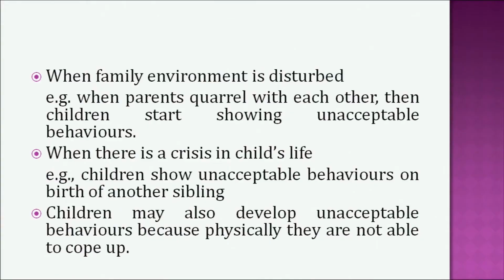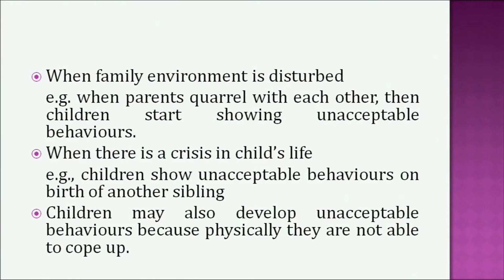A disturbed family environment is another reason for a child's misbehavior. That is, when the child sees parents quarreling with each other, then the child starts showing unacceptable behavior. There can also be a crisis in a child's life, and the crisis can be anything. For example, the children show unacceptable behavior on the birth of another sibling.